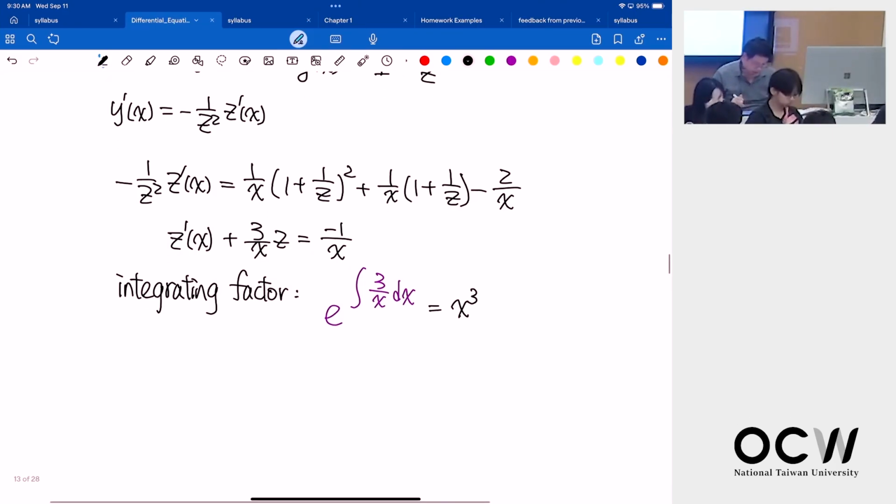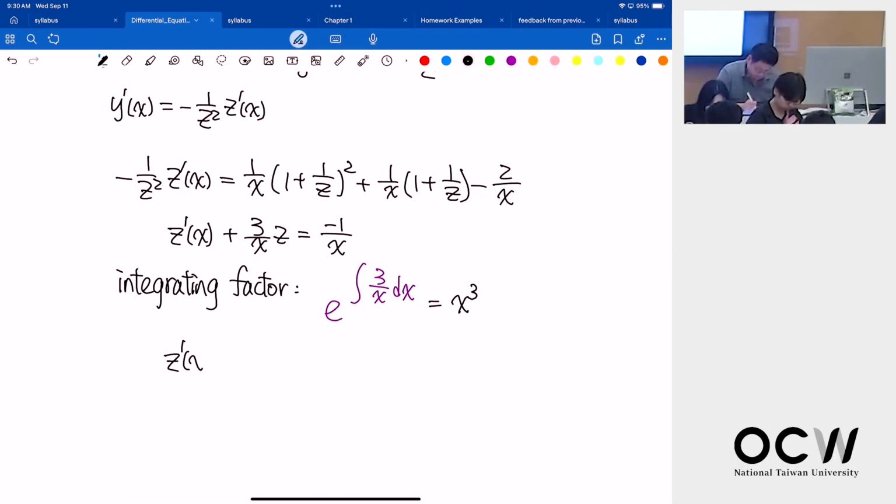So now let's multiply by the integrating factor. z prime times x cubed plus 3 over x z times x cubed equals 1 over x minus 1 over x, and also times x cubed.